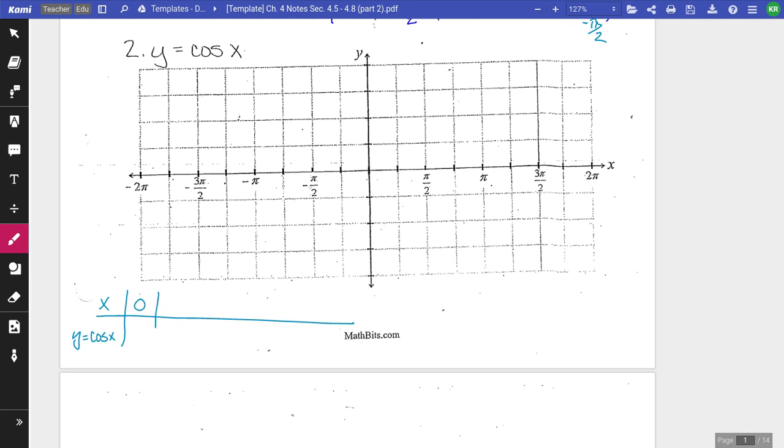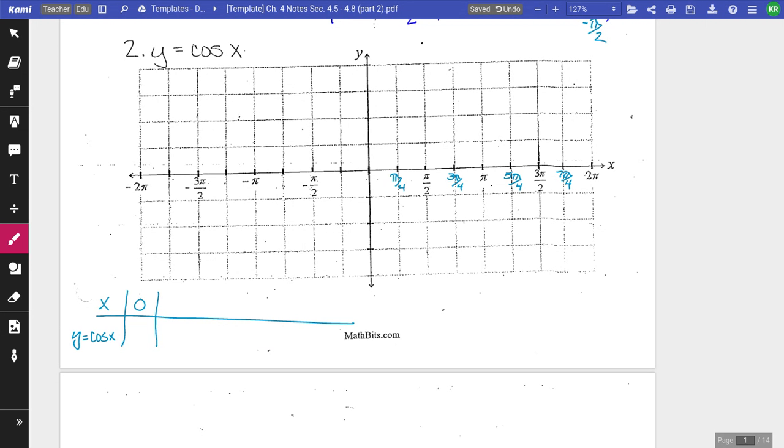Again, if we start at 0, I'm using the same scale. So this is going to be pi over 4, this is going to be 3 pi over 4, 5 pi over 4, 7 pi over 4. All right. So at 0, if you look at your unit circle, the ordered pair is 1, 0.